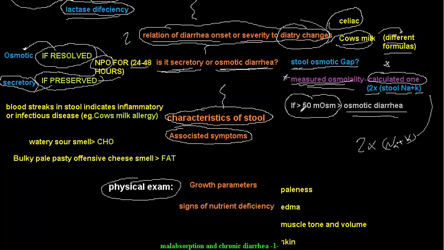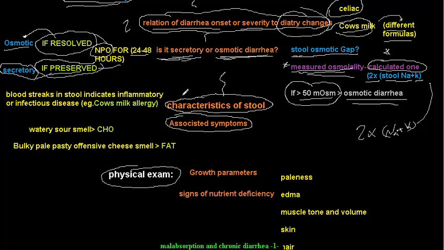So this is how to differentiate between secretory and osmotic diarrhea: if it resolves with food cessation or not. If it resolves with food cessation, it is osmotic because it's related to food administration. If it persists even when you stop food for 24 to 48 hours, it's secretory diarrhea.